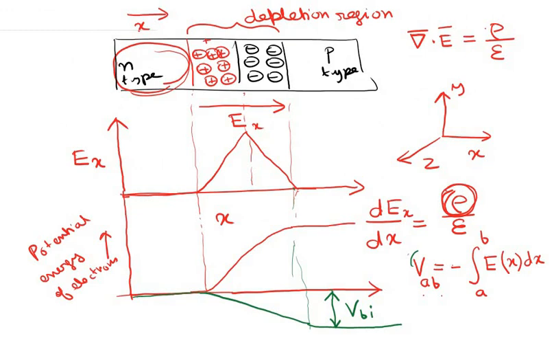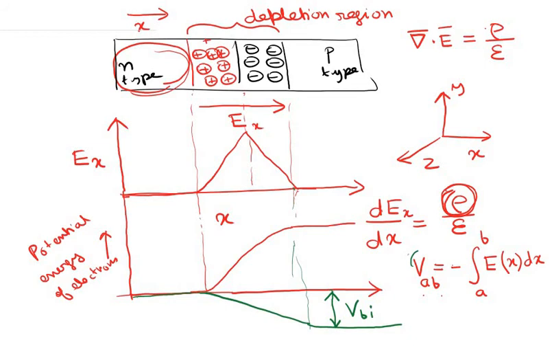If we increase Na or Nd, this means that the number of electrons in the conduction band in the n-type semiconductor, or the number of holes in the valence band in the p-type semiconductor, increases.